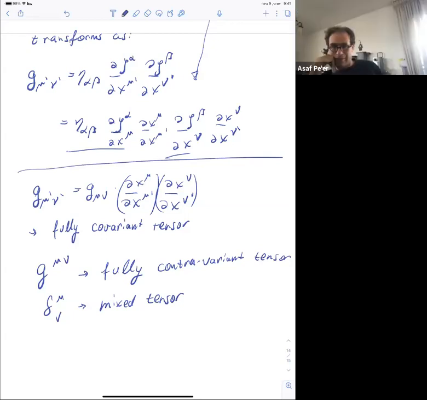Guys, don't get confused. I know it's really confusing. I'm just making a transformation of coordinates. The whole purpose of what I'm doing is that I'm generalizing what we did for special relativity to any arbitrary coordinate transformation, not necessarily linear, as we did in special relativity. But you can think of special relativity as a special case of what we do here.